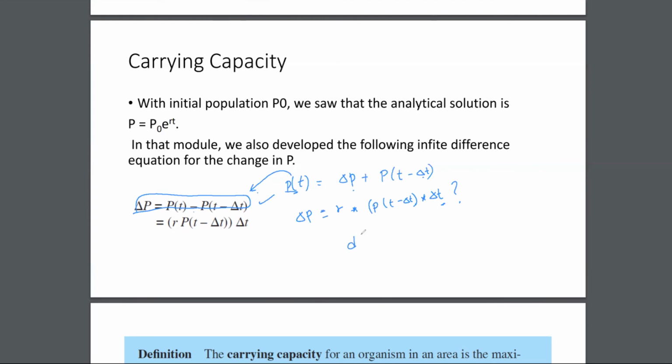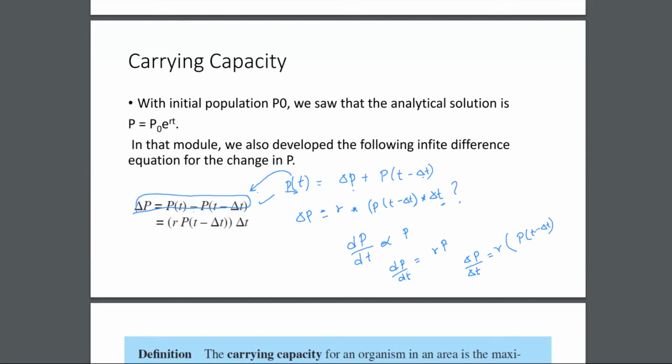The initial equation is that dP/dt is proportional to the population, and we said dP/dt is equal to rP, right? So this means a change of population over change of time is equal to the rate times the previous population, which is P(t minus delta t).